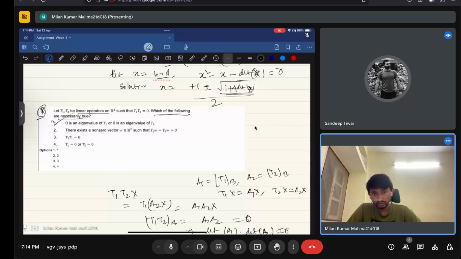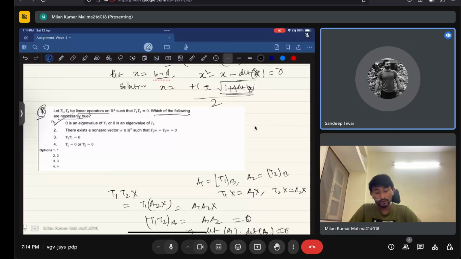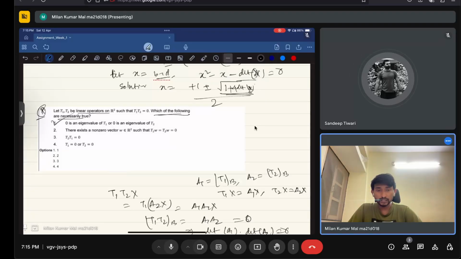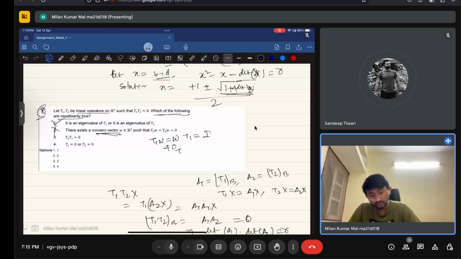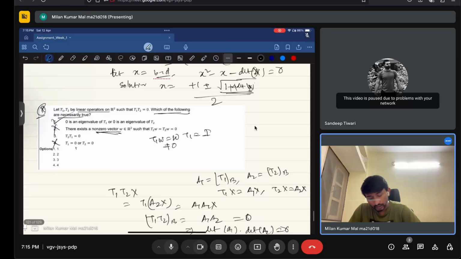You can take T1 as 0, the zero matrix, and T2 as the identity. Then T2 W is not equal to 0 for a non-zero vector W. If T2 is the identity, then T2 W equals W, which is not equal to 0. So therefore this is not correct. But T1 I have taken as 0, so T1 W equals 0. T1 T2 equals 0. Obviously this is not true because of what I have given a few minutes ago, this will work, right?